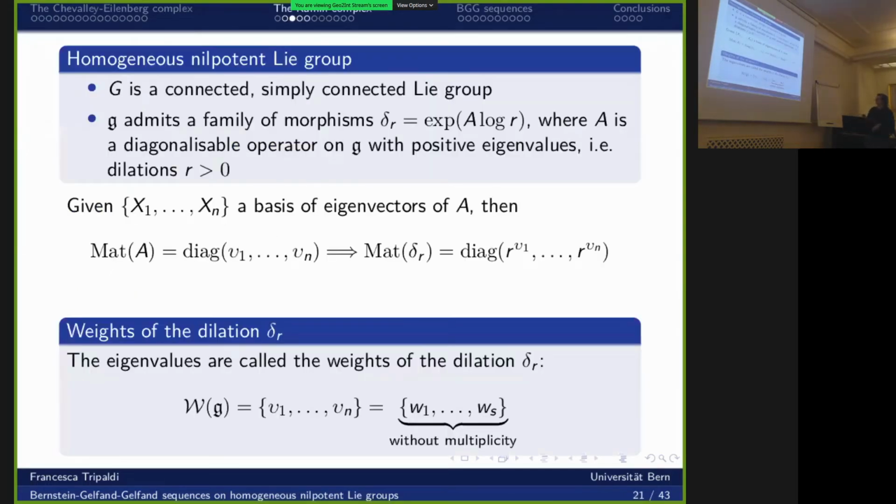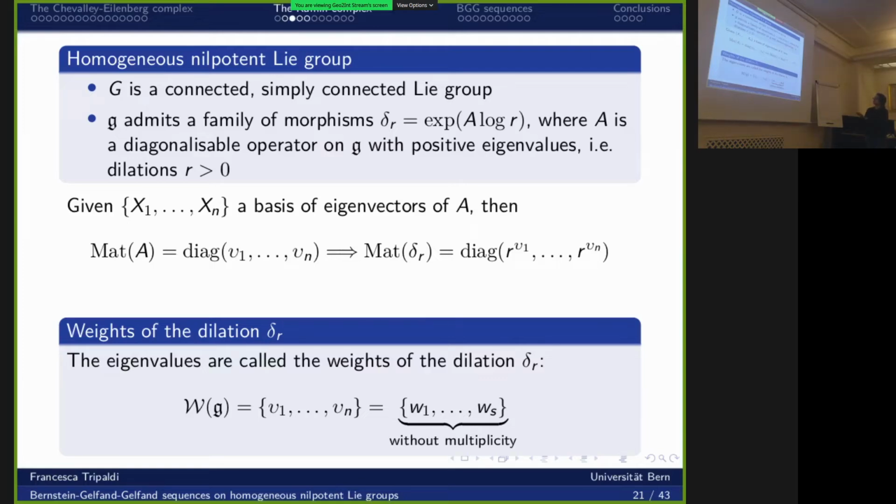So, now what we've been saying works for any Lie group, I guess. Now we're considering homogeneous nilpotent Lie groups. So G, what it means is that G admits a family of dilations that can be seen as a matrix operator, like a diagonal.